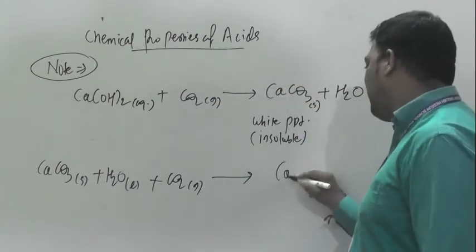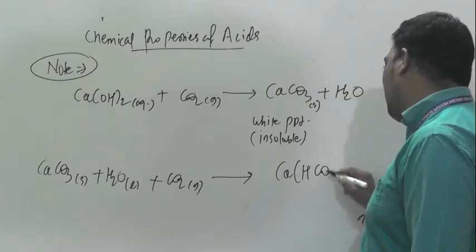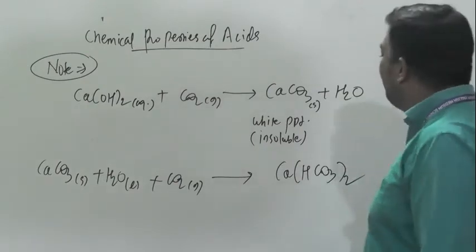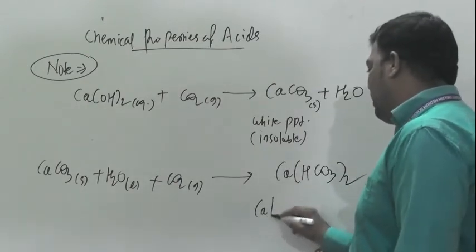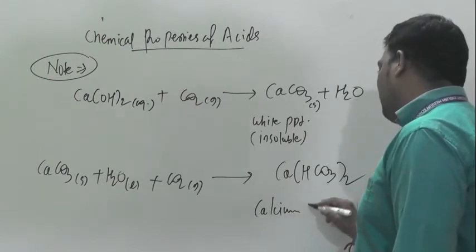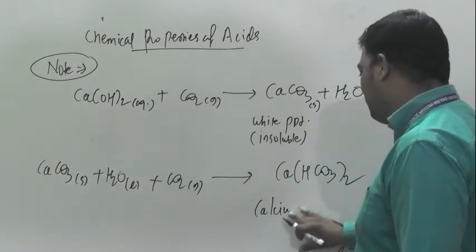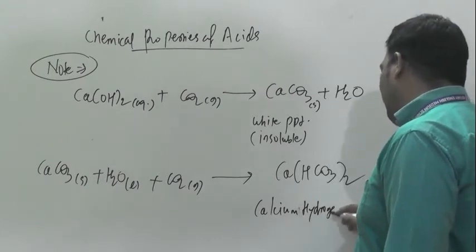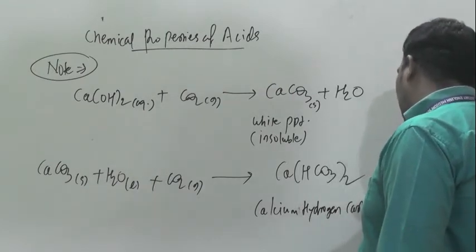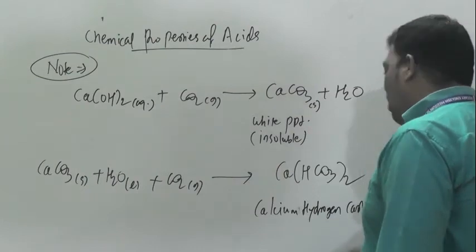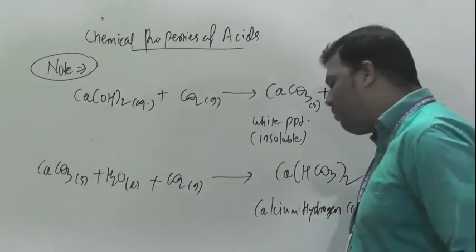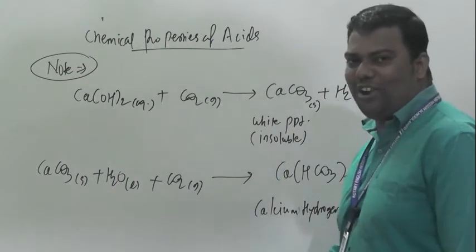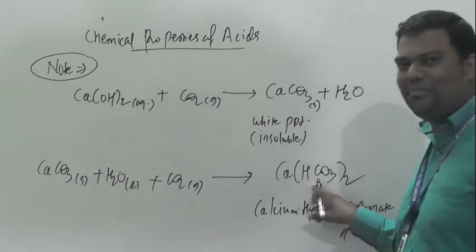You will get calcium hydrogen carbonate, also called calcium bicarbonate, with HCO3 as the bicarbonate ion.